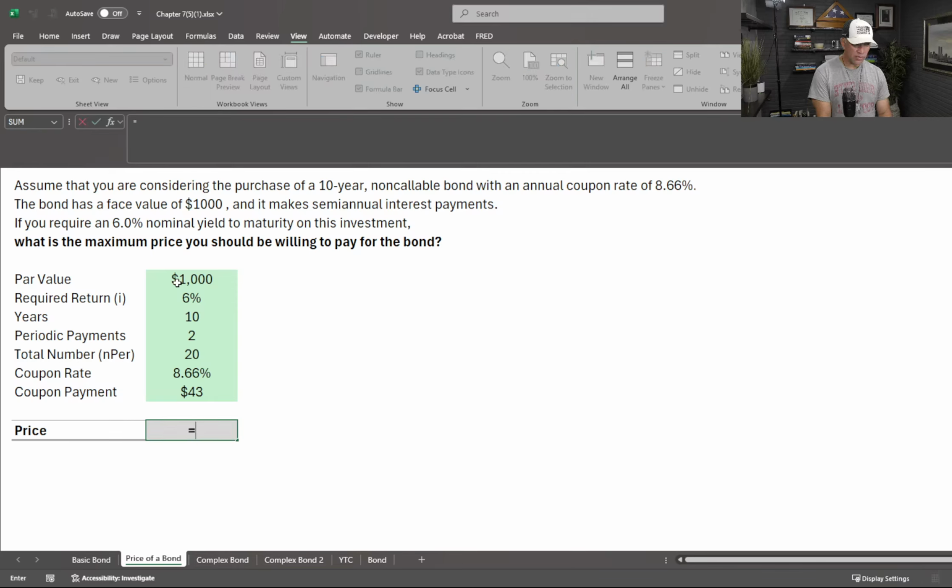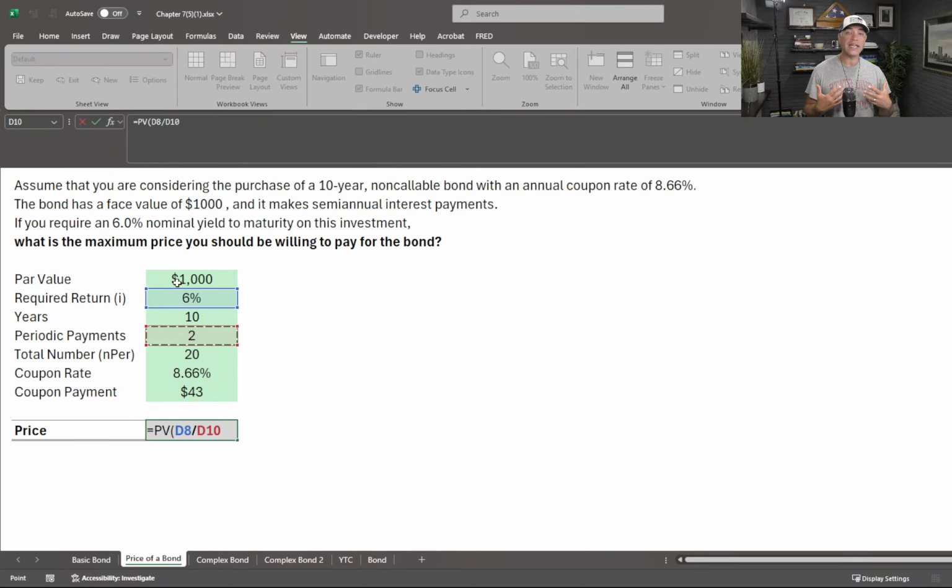All right, and then we want to do the price. So the price is the present value. First thing I want to do is the required rate of return. That's the rate. However, this is semi-annual payments, so these payments are in 6 months. Therefore, I have to put the interest in 6 months. So I'm going to divide the interest by 2.